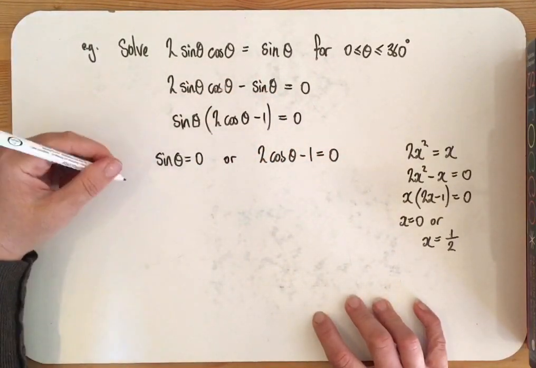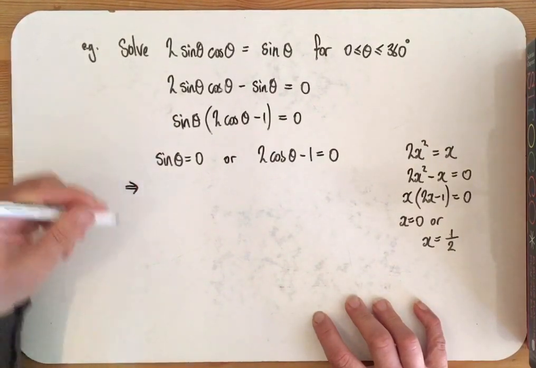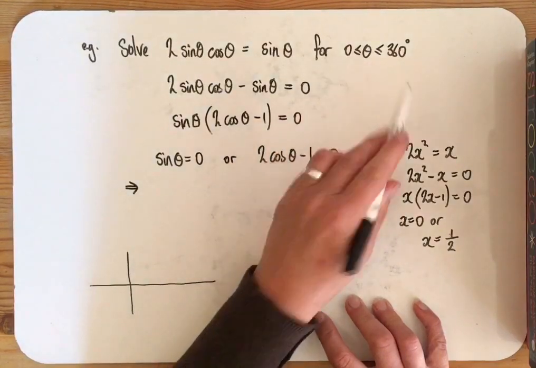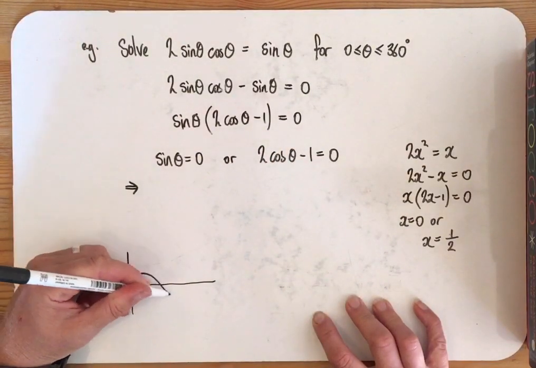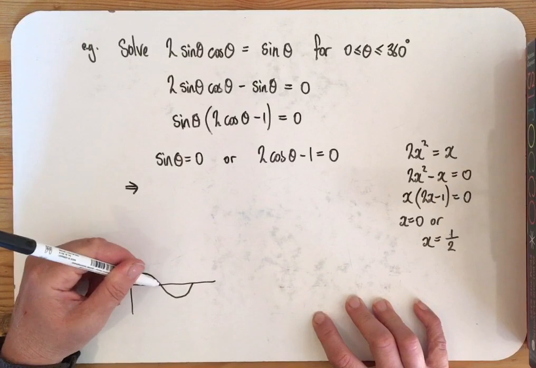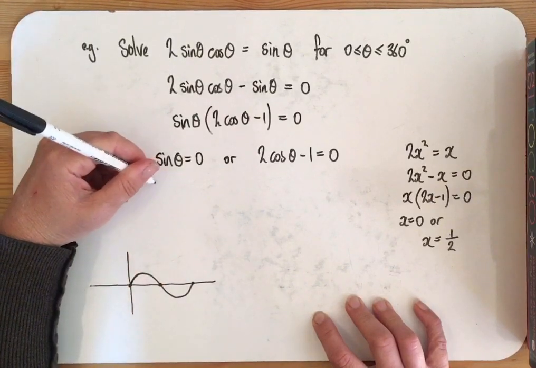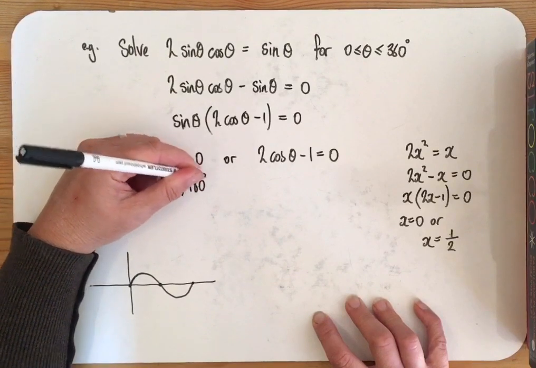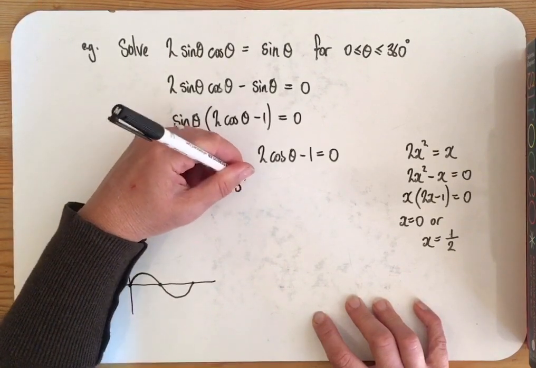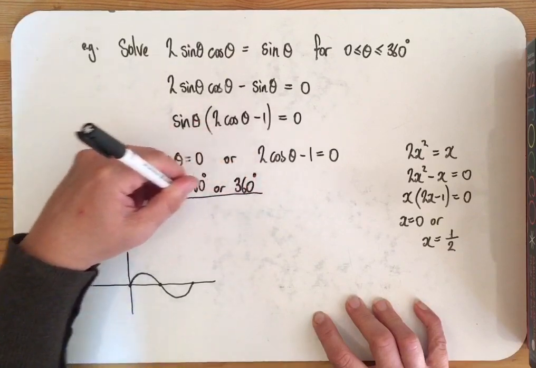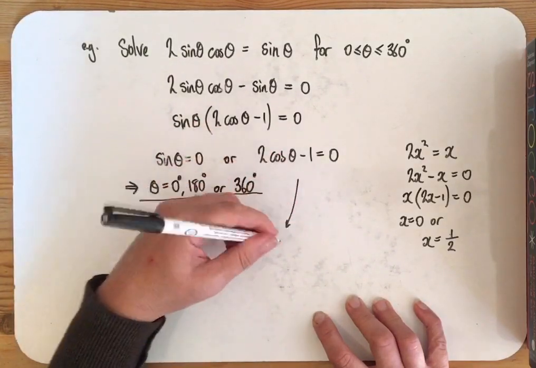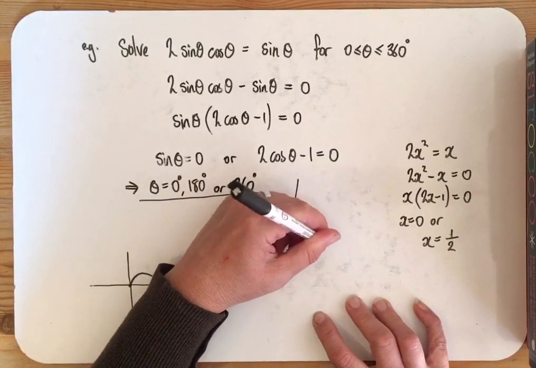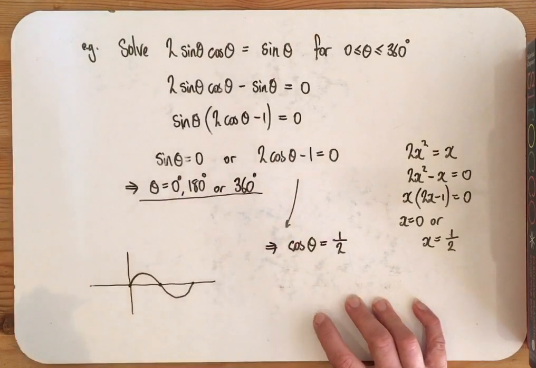And then if sine theta equals 0, I always think zeros, ones and minus ones, you can just look at the curve really. We're going between 0 and 360. So sine is 0 at 0, 180, 360. And then this one here gives us that cos theta is equal to a half.